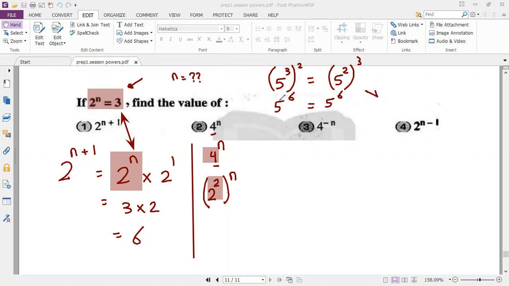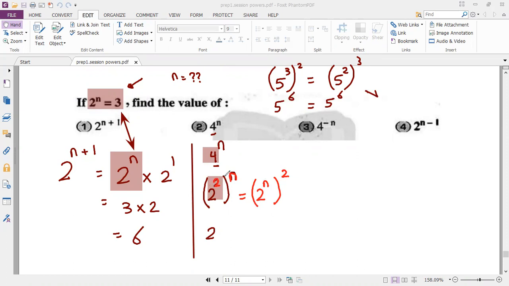So we will apply the same idea here. Just exchange n and 2. Write it as 2 to the power of 2, all to the power of n, which is the same as 2 to the power of n, all to the power of 2.